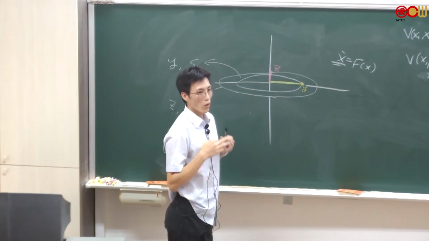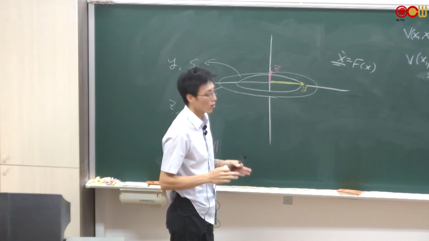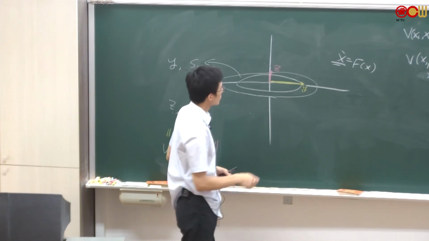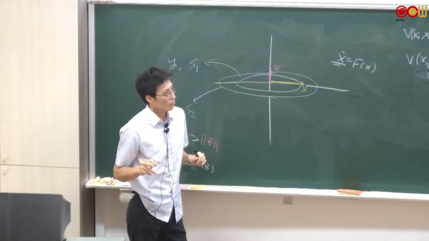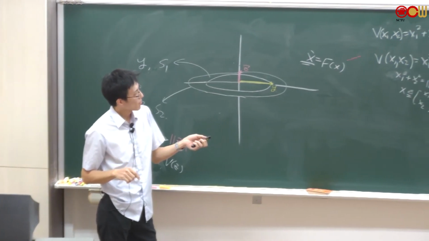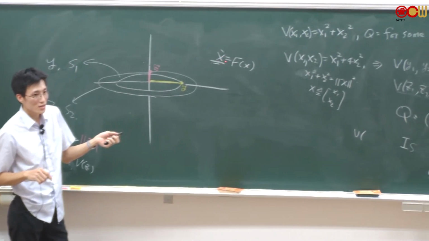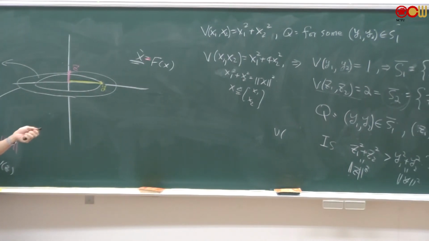That means you know where it's trying to go, but you cannot guarantee the location of x for all time, right? But what you will know in the next few minutes is the V value. I know the V value, but I don't know what x is. And you cannot conclude that a greater V value means a larger norm of the argument.